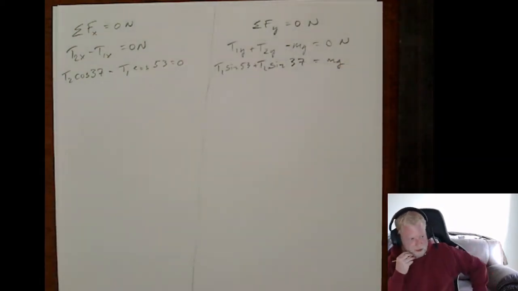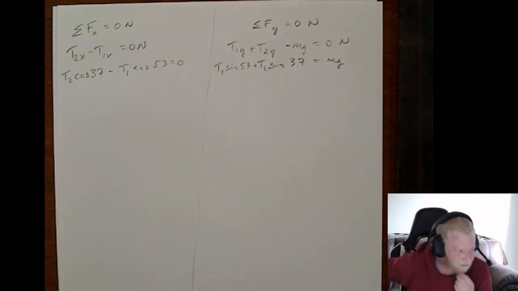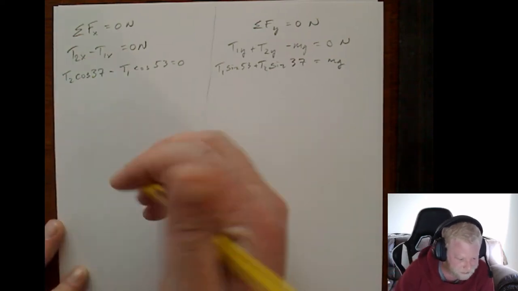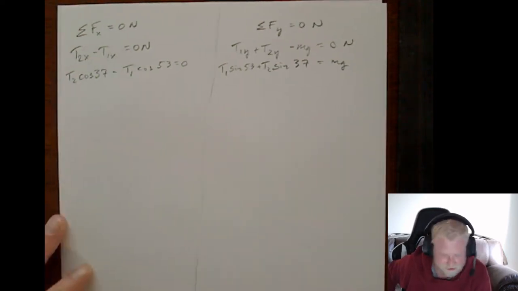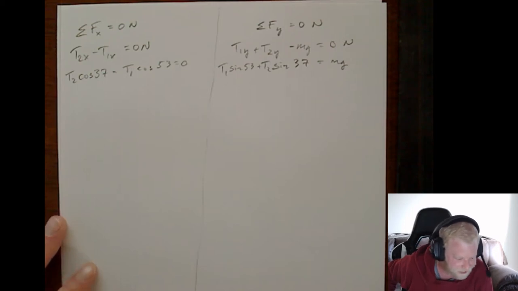Now, the issue a lot of entry-level physics students have is they see all these cosines and sines floating around, and their eyes glaze over, and they freak out. But here's the thing. Remember, cosine of an angle, sine of an angle, they're all just numbers. So if it's freaking you out, let's just turn them into decimals, right? People seem to be more comfortable with decimals. Now make sure your calculator is in degrees and not radians.